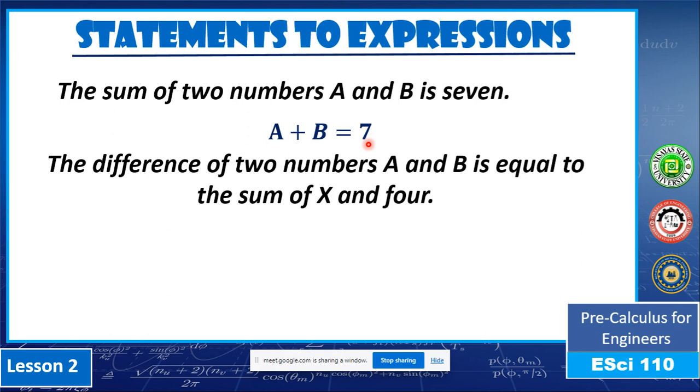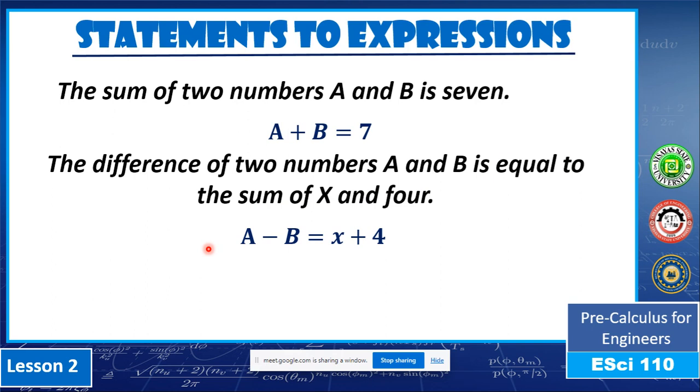So we now have the difference, another phrase na sad. Kapag sinasabing difference, subtraction yan. So yung difference daw ng A and B, so A minus B, is equal to, so meron ka equal sign, the sum of X and 4. So, i-write mo yung sum, then X plus 4. So, okay lang, di ba?